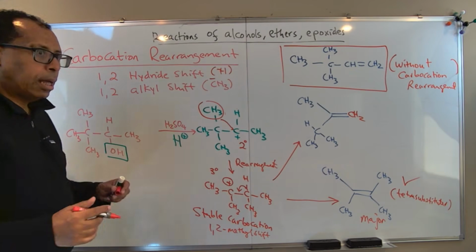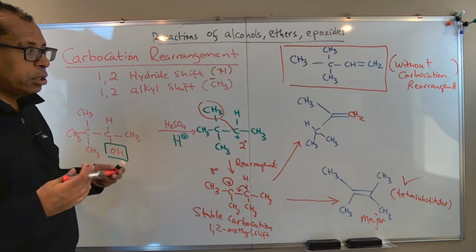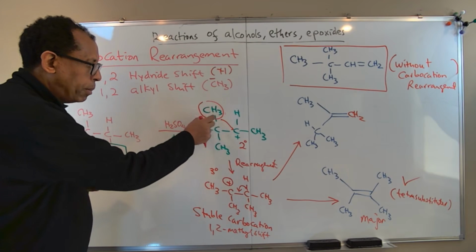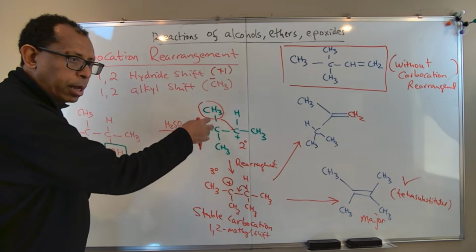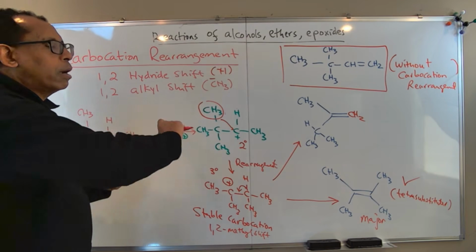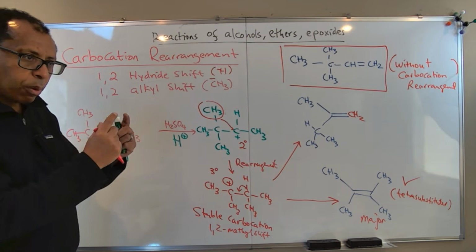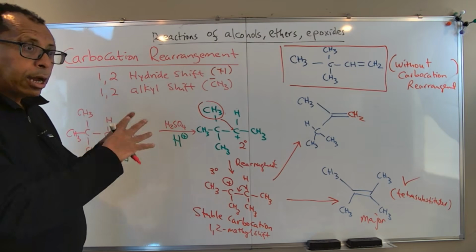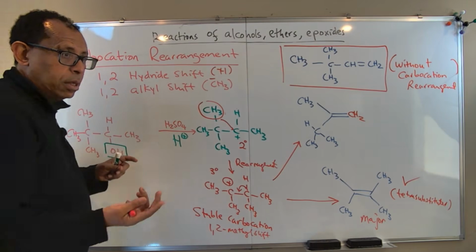So we'll see now an example of a hydride shift as well, because either you should have a hydride, or you should have a methyl group here, or a hydrogen that can transfer easily, because the group that would transfer should be very small. That should be like methyl, hydrogen. Large bulky groups cannot shift easily.